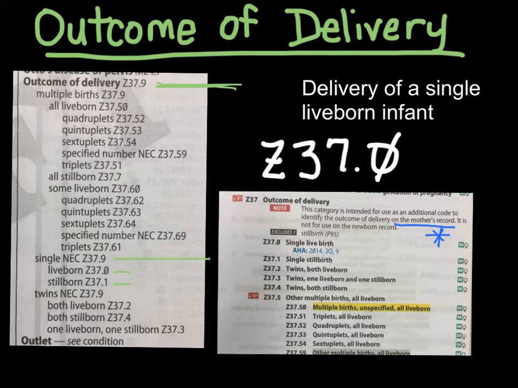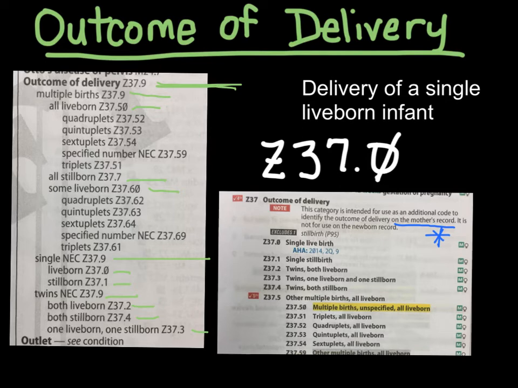We have a twins subterm: both stillborn, both live-born, or one each. And then you also have all these options for multiple births: all live-born, all stillborn, some live-born, so lots of examples. So take a few minutes this week to really understand your options here. Be sure to complete exercise 24.1 to practice these outcome of delivery, these Z37 codes.